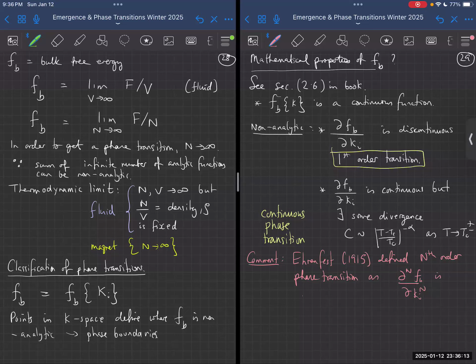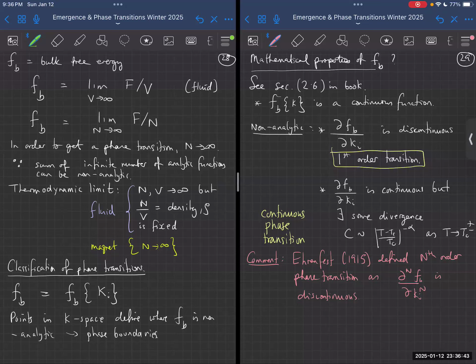being discontinuous. So people thought then that the only thing that could happen were discontinuities, either in the function or its first derivative or its second derivatives and so on. People didn't really know then that there could be these power law divergences. So he classified transitions in this way, and today we know that that's not correct.